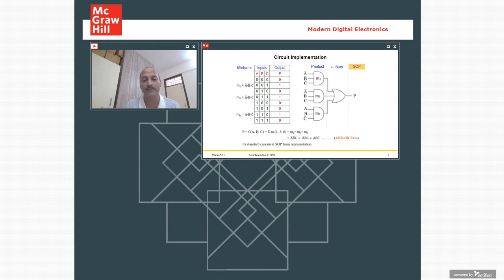So when we are building this kind of circuit, we call it a sum of products. We are calling it from the reverse way, traversing from the output to the input.